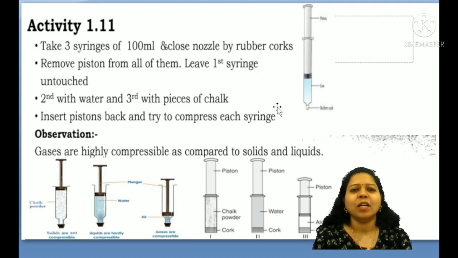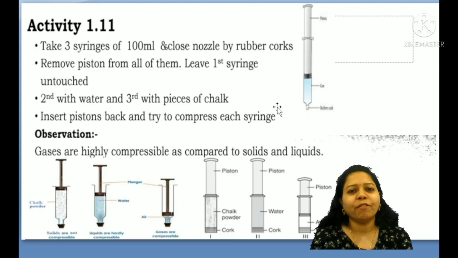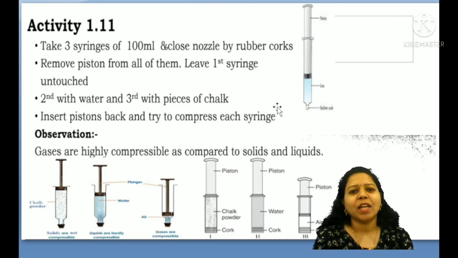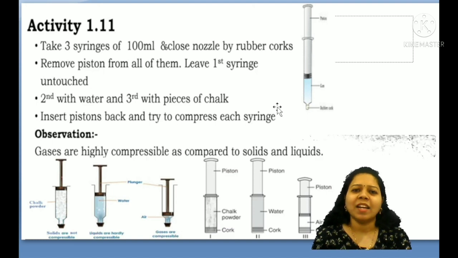That's why we say solids are very less compressible as compared to liquids, and gases are more compressible as compared to liquid or water. The meaning of this is that liquid is more compressible than solid, and gases are more compressible than liquids. That's why we say gases are most compressible, solids are least compressible, and liquids are intermediately compressible.